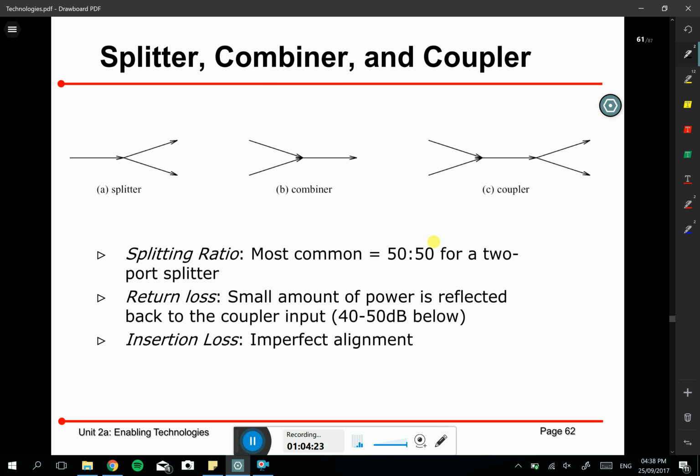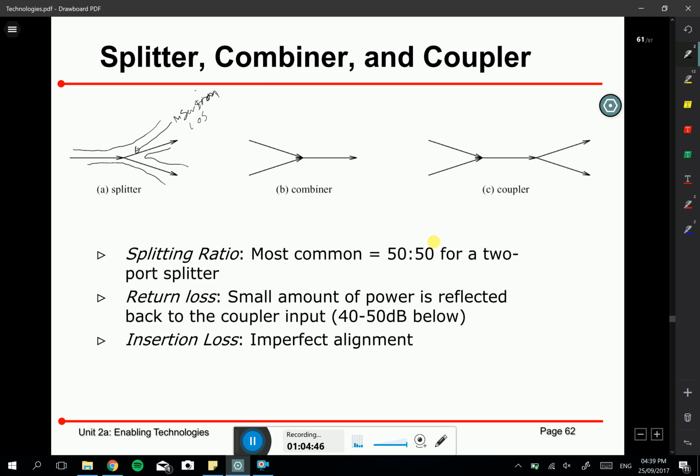And you have return loss. When you arrive here, a little bit of the signal will go back. But in a general sense, the splitter works pretty well. You have a certain power, it gets divided by 2. You lose some little percentage of the signal, but most of the signal is perfectly divided by 2.